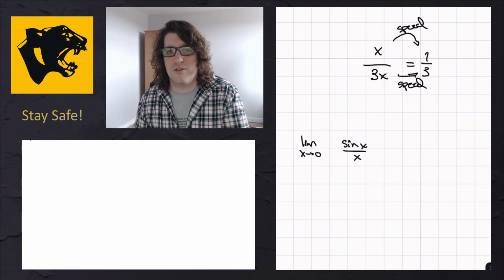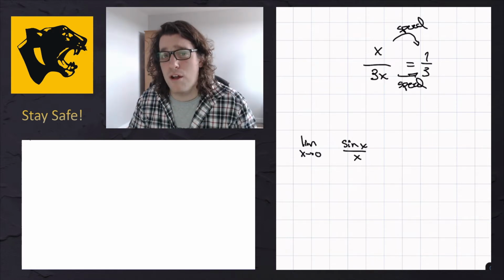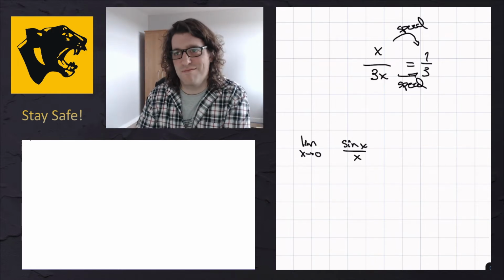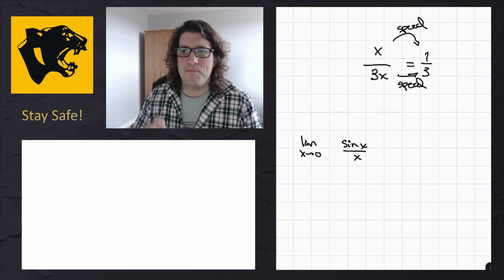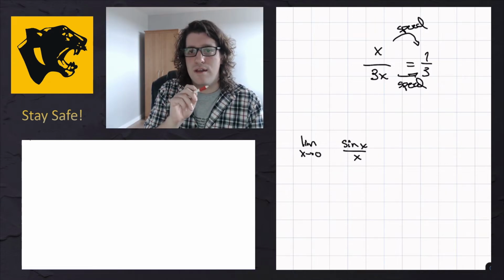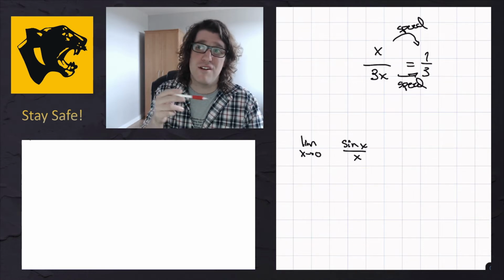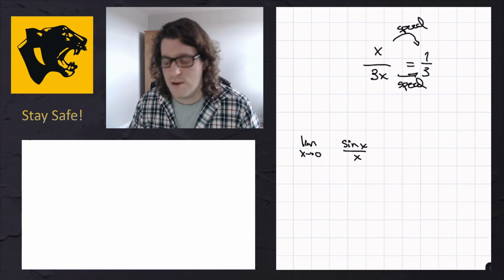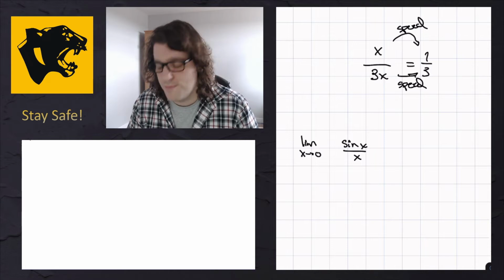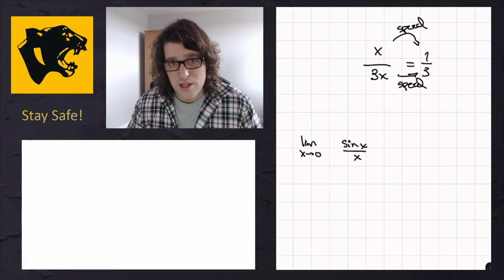We've seen earlier in this course that gives us a value of 1, and we did that using the area of the triangle, the area of the sector, the area of the larger triangle, and the squeeze theorem. It was quite a process, but this is going to be a lot easier.